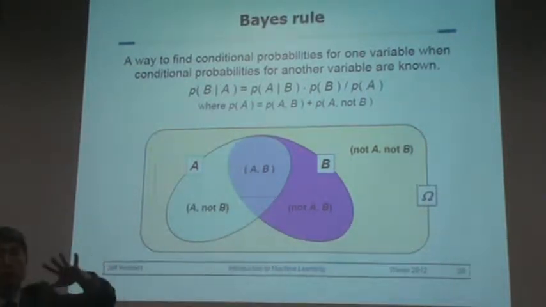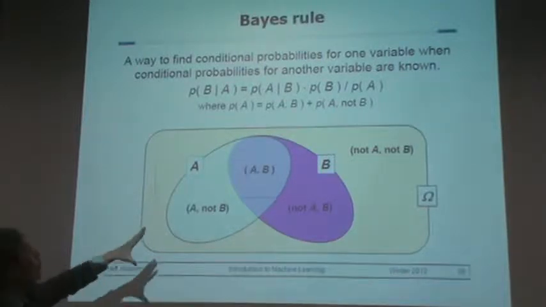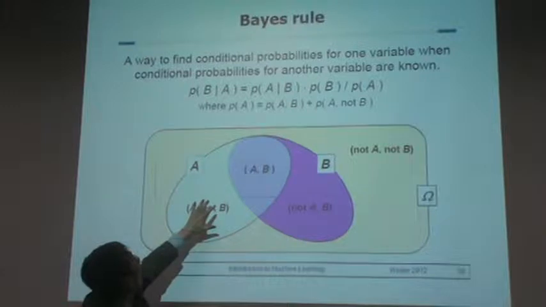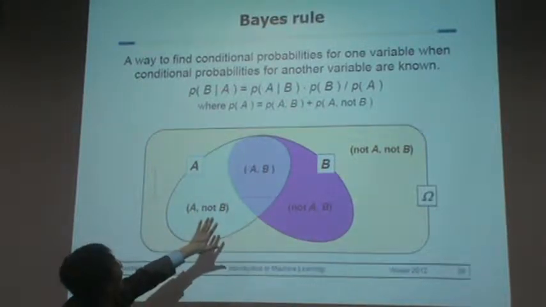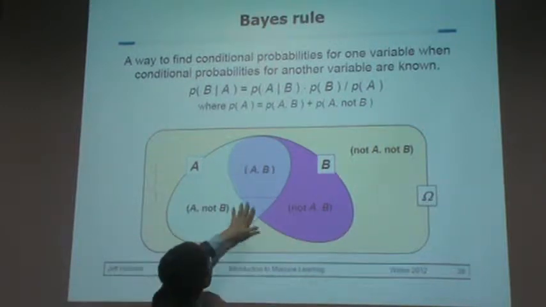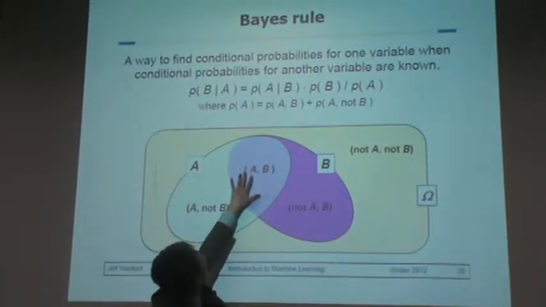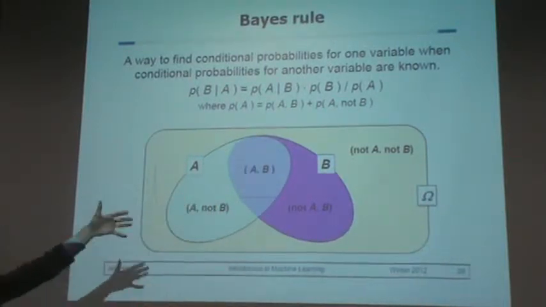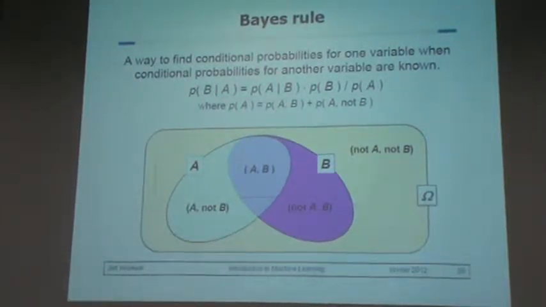We do not know such a probability, but we know A, the probability of B, and the probability of A.